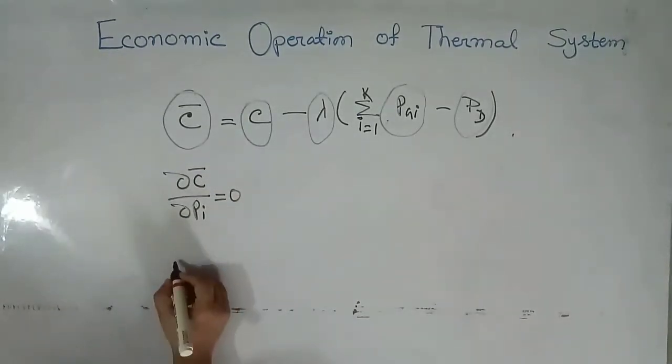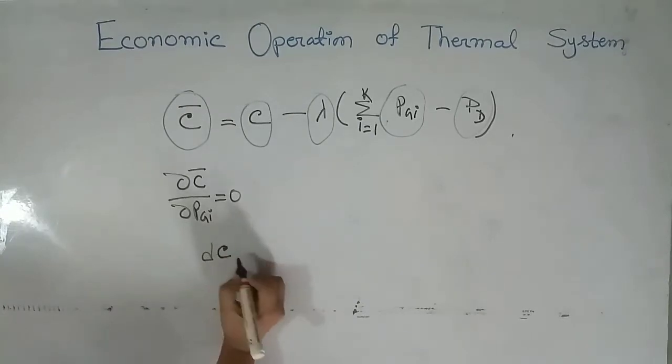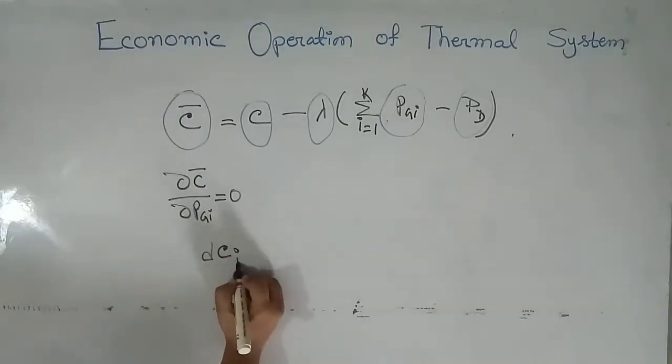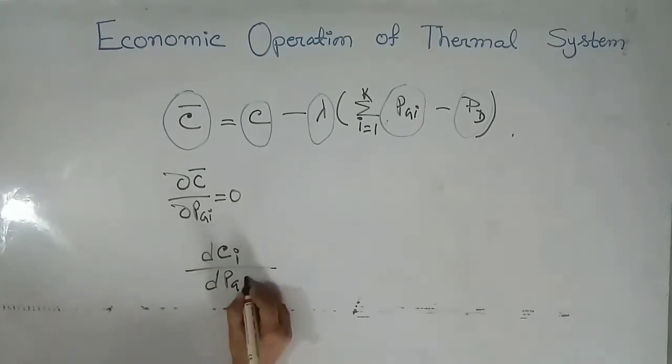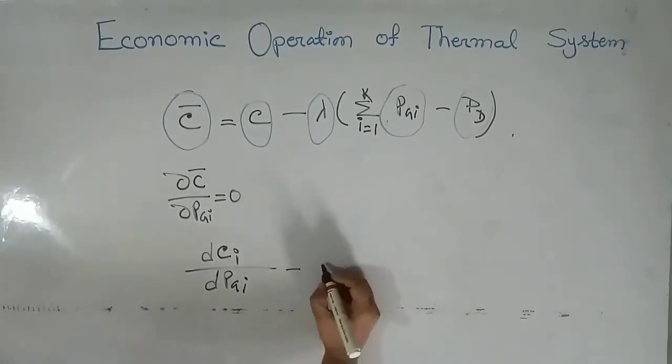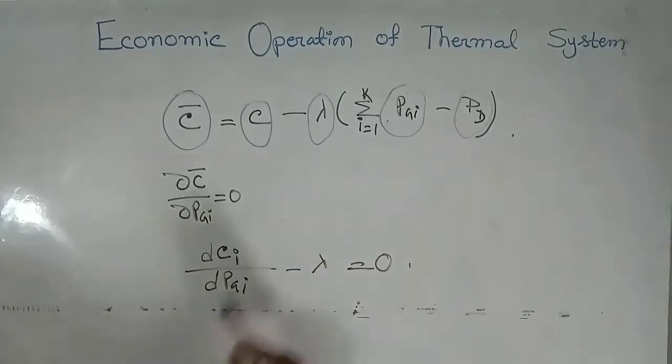So we can write delta Ci by delta PGi minus lambda equals 0, because delta PGi by delta PGi is 1 and PD is not a function of PGi, so the derivative of the constant term is 0.